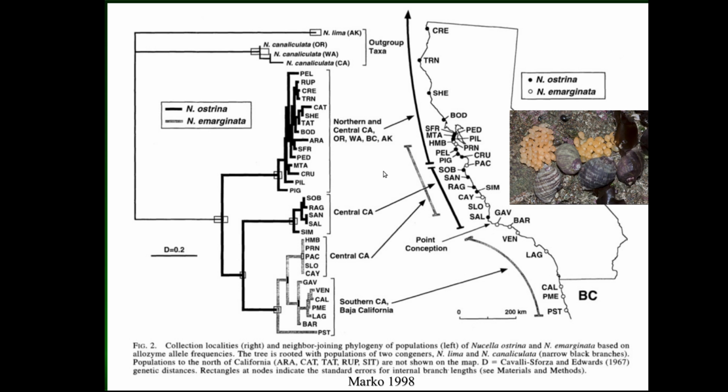So these two groups here on the southern end and north of Point Conception have evolved clear differences from each other in morphology. And these differences are great enough that taxonomists have decided they're going to be different species. They used to be just one species. So the Nucella lineage has undergone speciation.